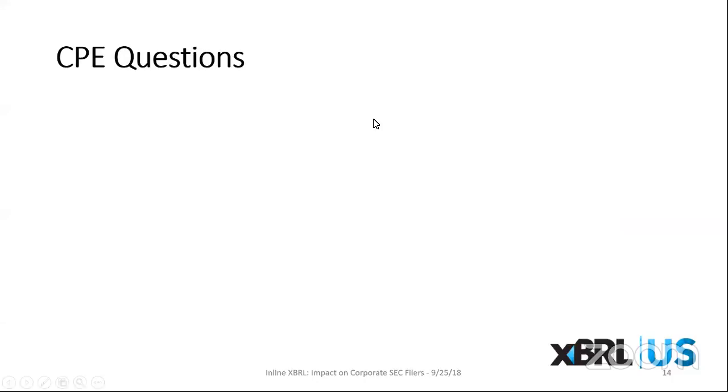Joe, thanks very much. Yeah, and I think we have a couple of questions before I jump into the CPE. One of the questions that we received is, is there a space limit on the number display for multiple axes? Lou or Joe, maybe you could help us with that question. I don't know that there's a space limit for the axes and for the member names.